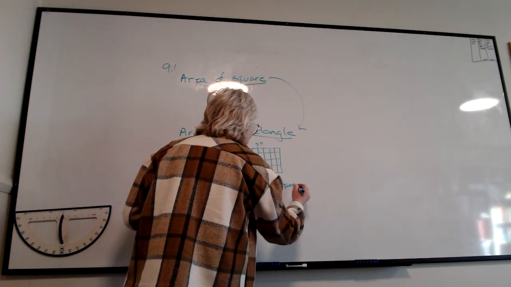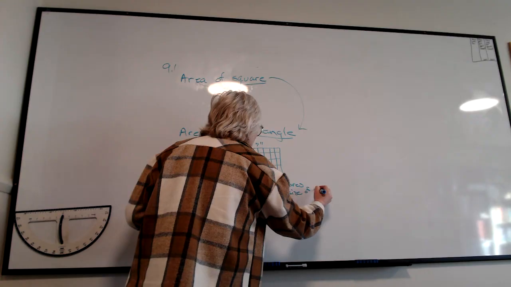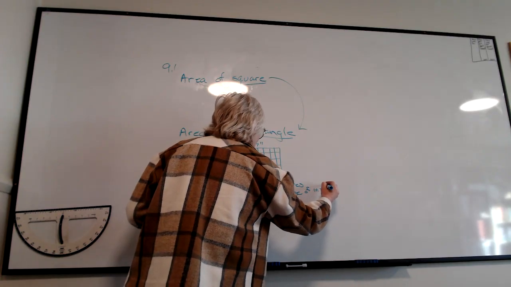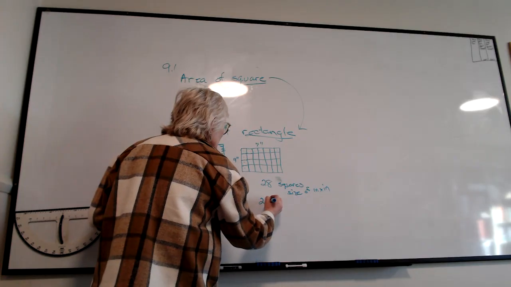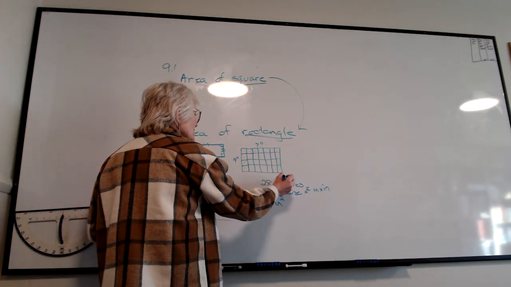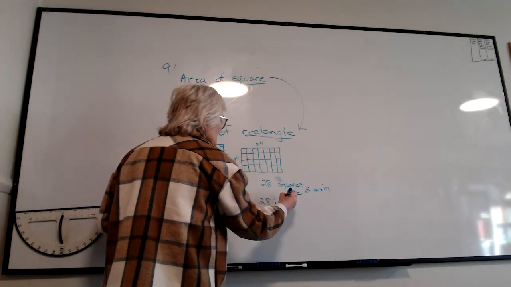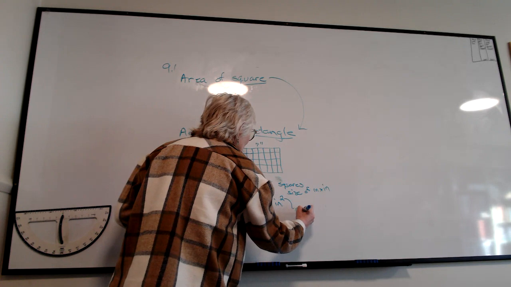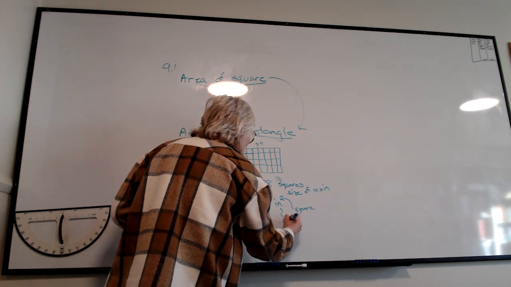Squares that are the size of 1 inch by 1 inch. Okay, we call that 28 inches square because we're saying it is a square. It's the size of 1 inch by 1 inch. So this just tells me it's a square, and this says the size of the square.